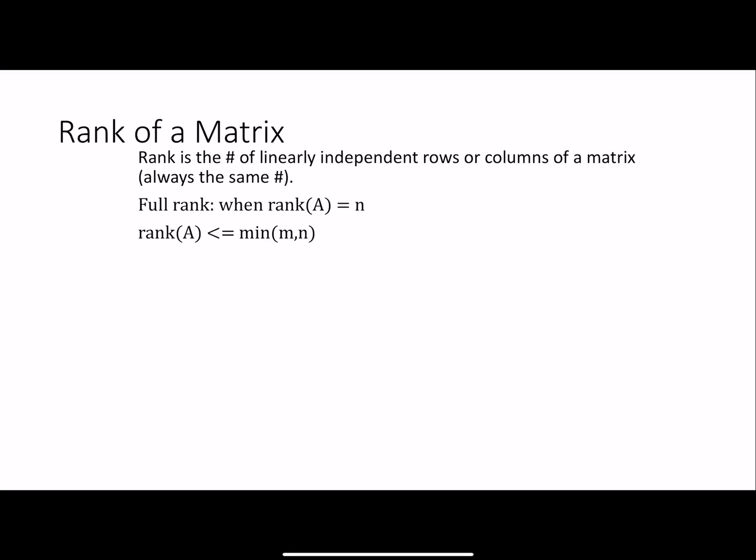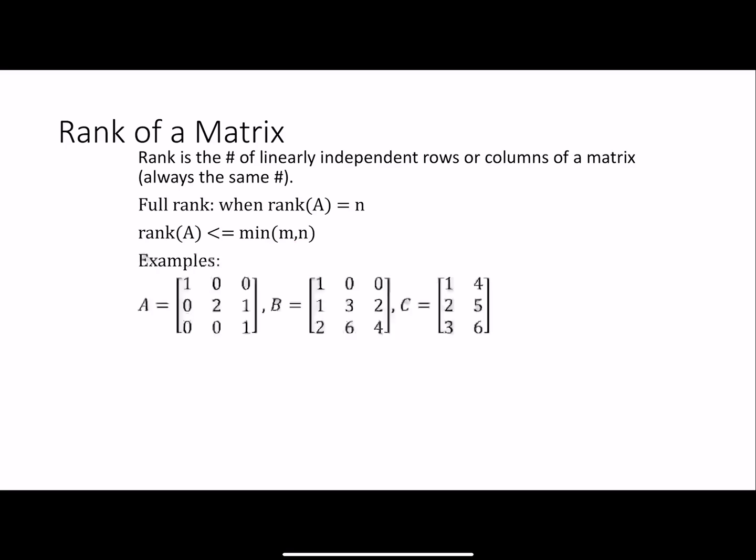We say that a matrix is full rank when the rank is n, meaning the same size as the number of rows, for example, of the matrix. So the rank of a matrix is always at most the smallest dimension of the matrix, essentially.